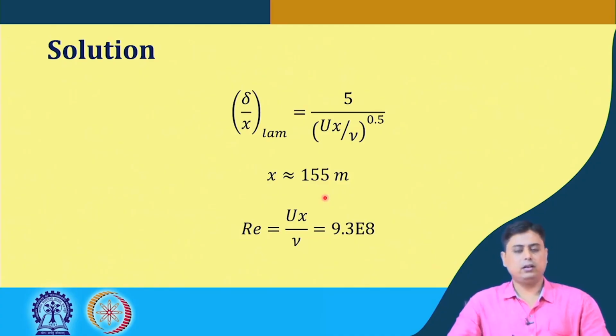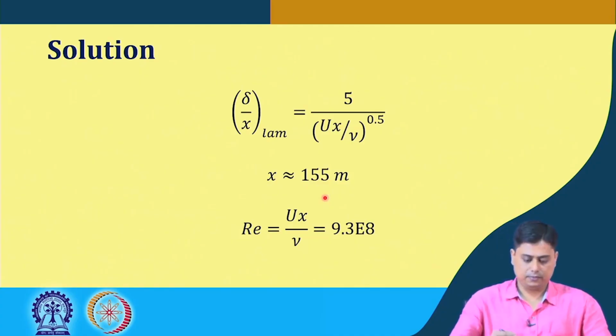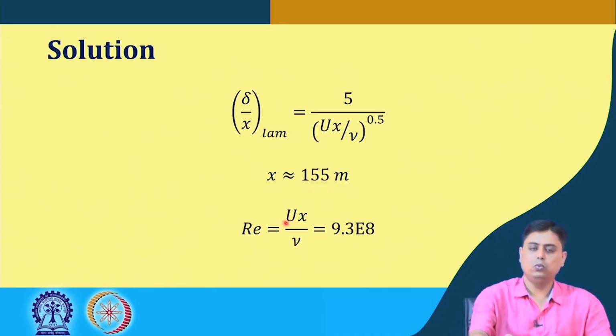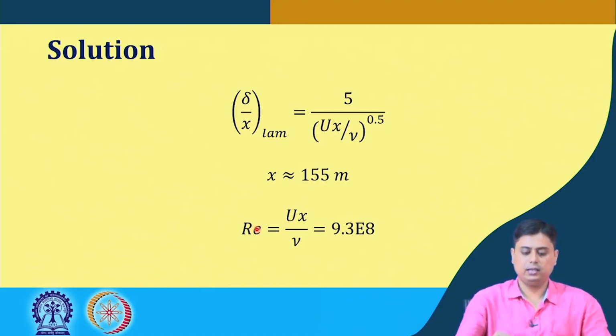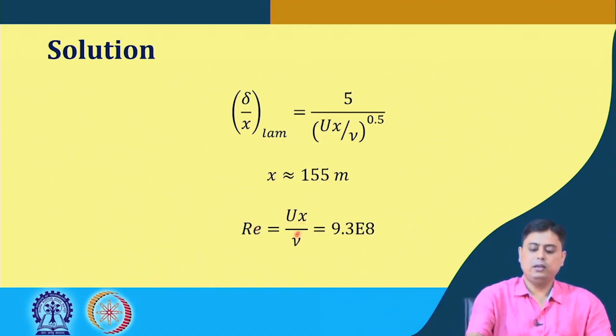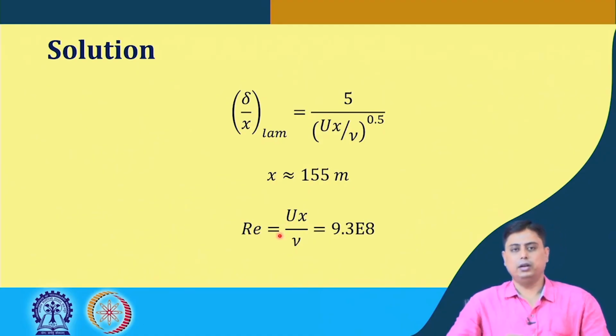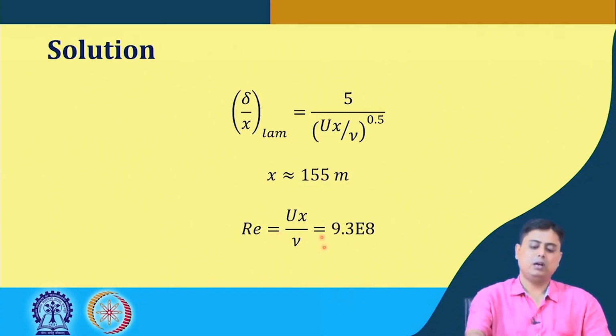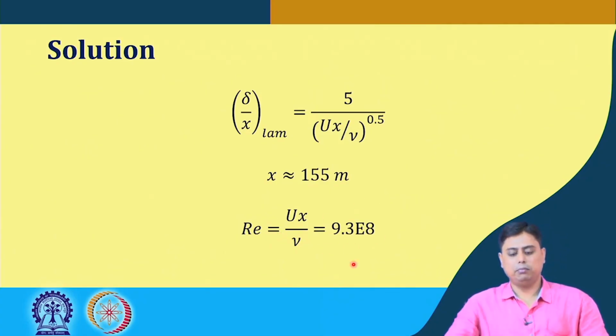So, we calculate the Reynolds number based on this x. Here u was 6 meter per second, x is this value and kinematic viscosity is already given. If we place that, we see that this value comes out in the range of 10 to the power 8 or 10 to the power 9.